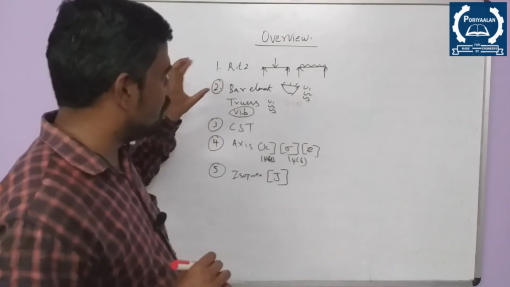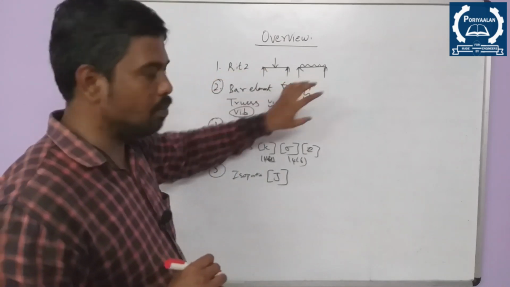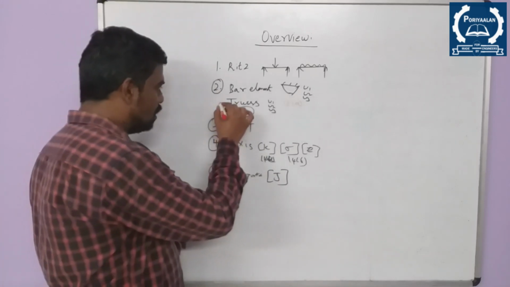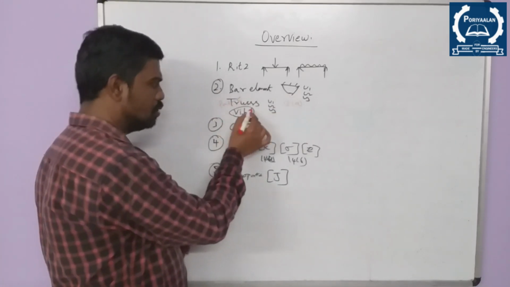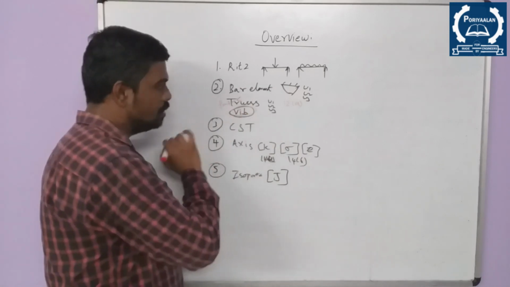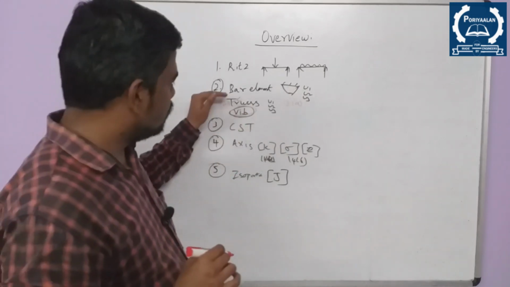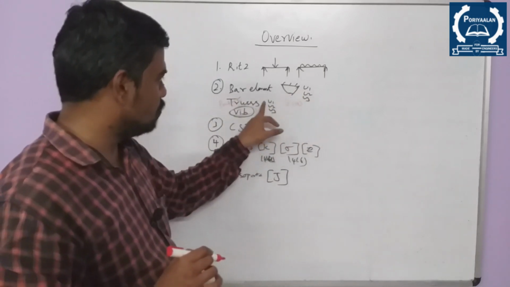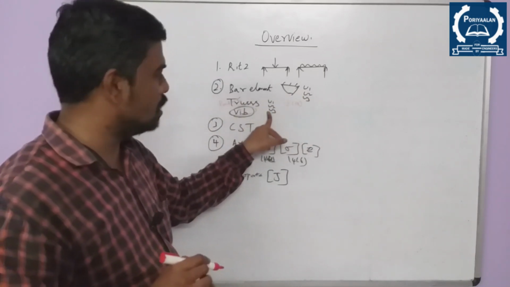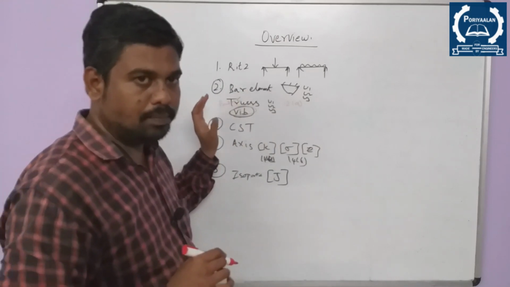Don't skip the bar element, see it entirely. And they can ask part C on stresses and vibration. If you feel vibration is very difficult, neglect it and concentrate on stress elements. Stresses have the same U1, U2, U3 as the bar element. Don't skip unit 2, you have to read it.